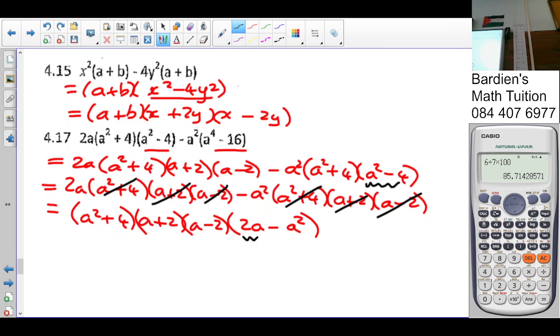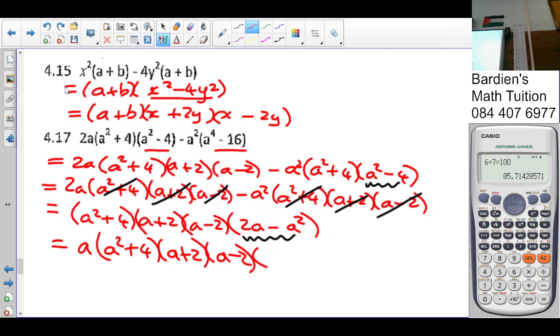But note here what's happening. Another common factor. Common factor of 2a, a. Common factor of a. So it's a squared plus 4, a plus 2, a minus 2. We take out a, we're left with 2 minus a.